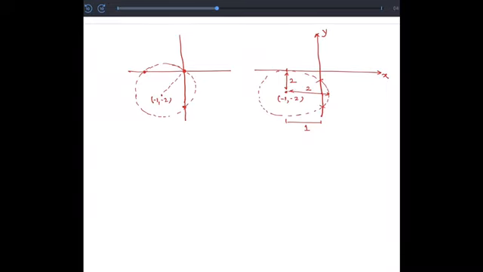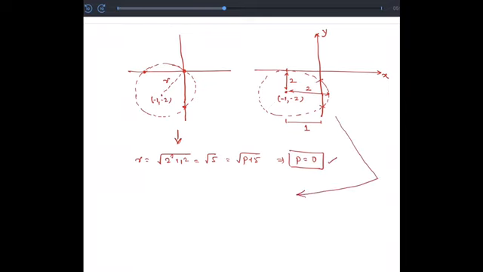Now let's check for this possibility. This is my radius, and here the radius is under root of 2 square plus 1 square, that is under root of 5, and that is equal to under root of p plus 5. From here p comes out to be 0. This is one value, and for this the radius is 2, which is under root of p plus 5.